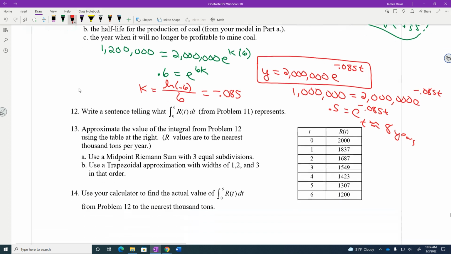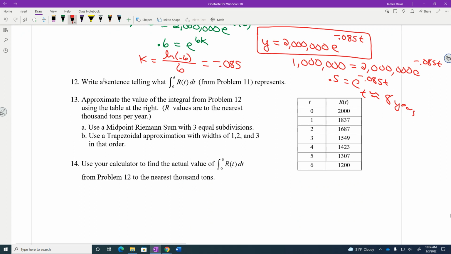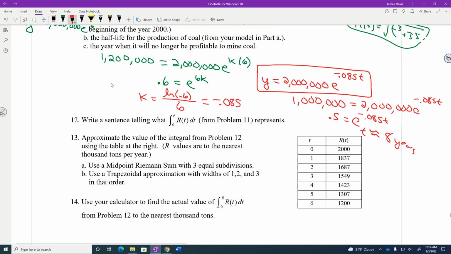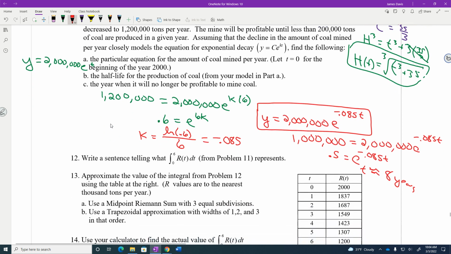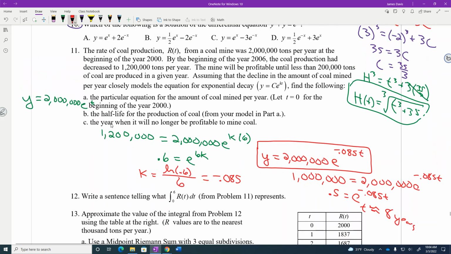Okay. Next question. Tell what the integral from 0 to 6 of r of t dt from problem 11 represents. So this is a common thing in the AP test. Oh yeah, sorry, I guess we just do that. Find the year when it will no longer be profitable. So how do we set that up? When it's zero?